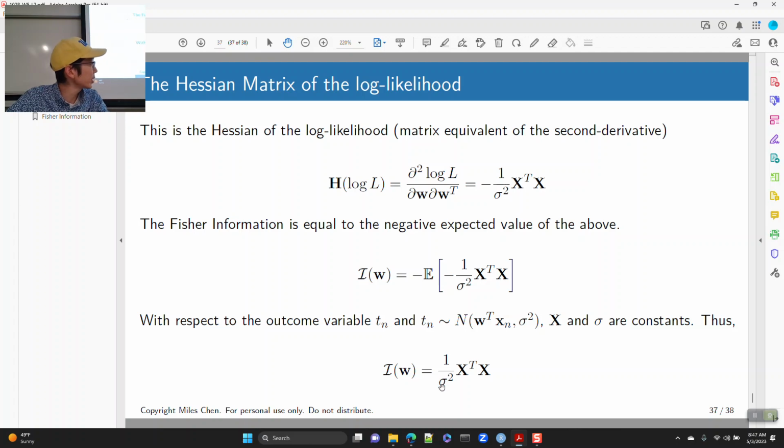Part of the Fisher information that we get is directly related to our sigma squared. So if there's a lot of noise, if sigma squared is a big value, our Fisher information is going to be smaller because this is in our denominator. On the other hand, if there's very little scatter, we're going to also have a lot of information about our parameters.